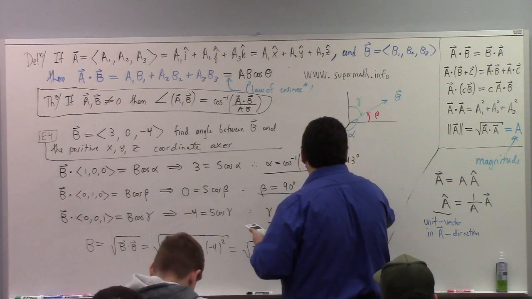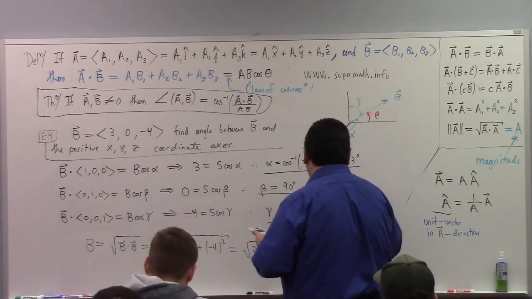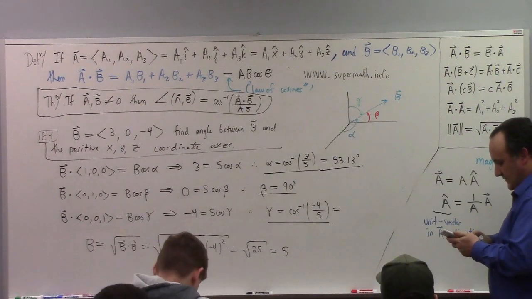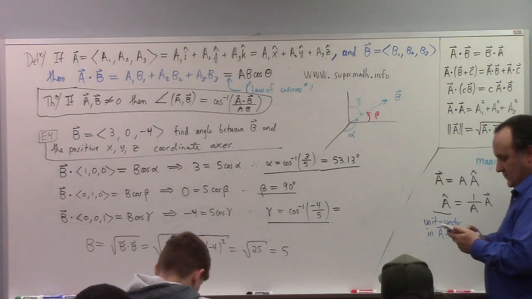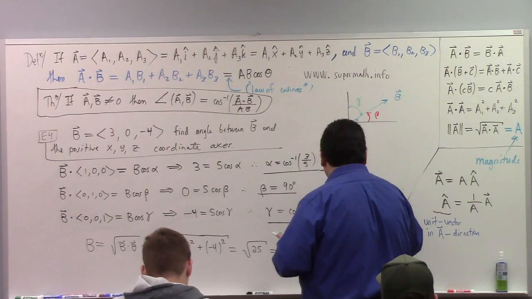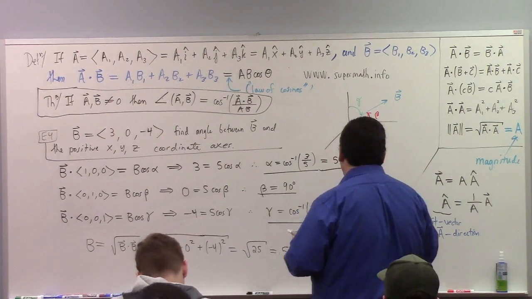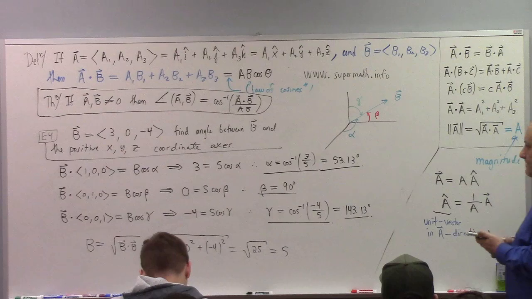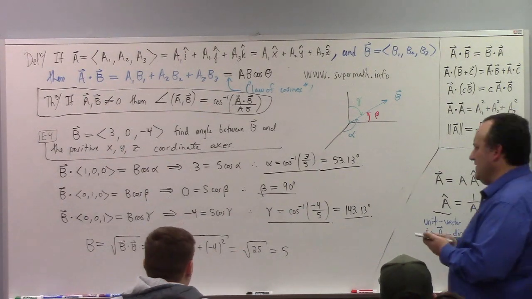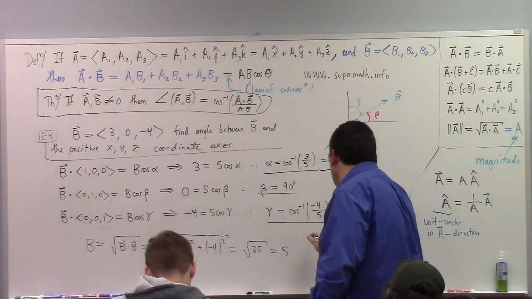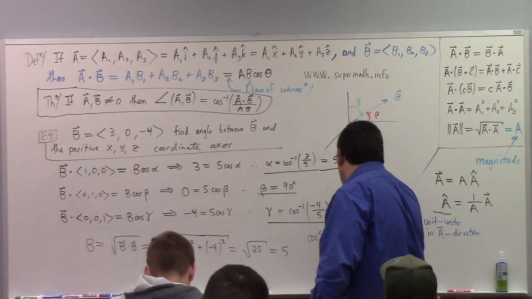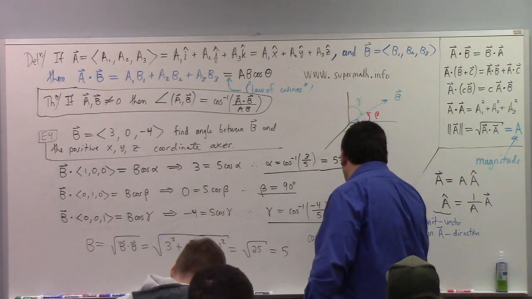Whew, man. 53.13 degrees, apparently. And this one, inverse cosine of minus 4 divided by 5, got 143.13 degrees, like that. I'm curious, does anything happen if we look at cosine squared alpha plus cosine squared beta plus cosine squared gamma?